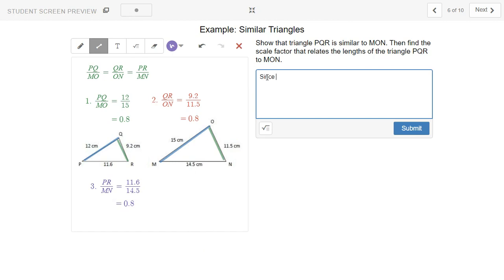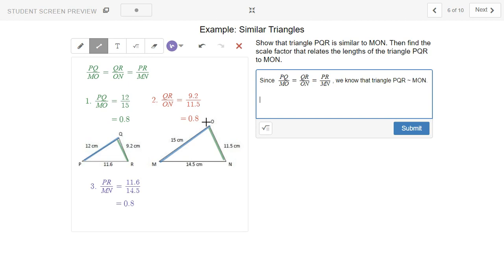Okay, so since PQ over MO equals QR over ON is equal to PR over MN, we know that triangle PQR is similar to triangle MON.